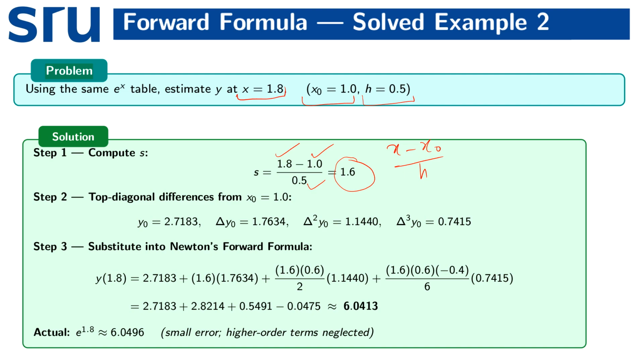The top diagonal differences from x naught equal to 1.0 are y naught equals 2.7183, delta y naught equals 1.7634, delta square y naught is 1.1440, and delta cube y naught is 0.7415.